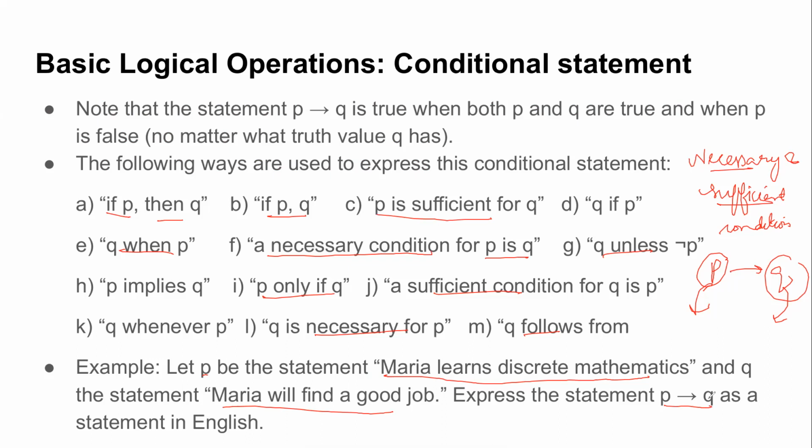Just give it a try. You can use any one of A to M for this representation. You need to write an English statement P implies Q by combining the two using any of these equivalent statements. Very easy class. You just need to try and use one of these conditions.